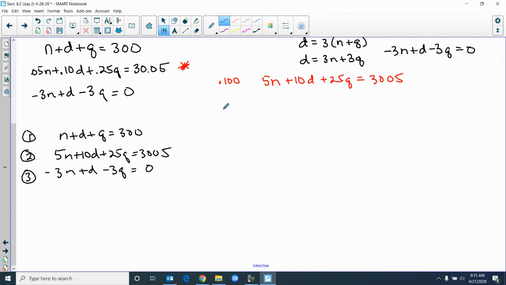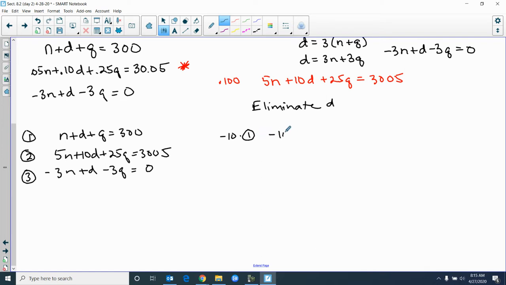I think I'm going to eliminate d. And let's take a look at equation 1 and 2. So if I'm going to eliminate d here, that's a positive 10 and 2. I'm going to multiply equation 1 by negative 10.